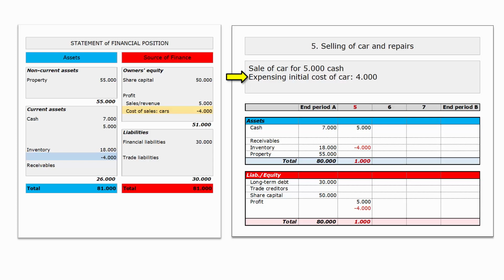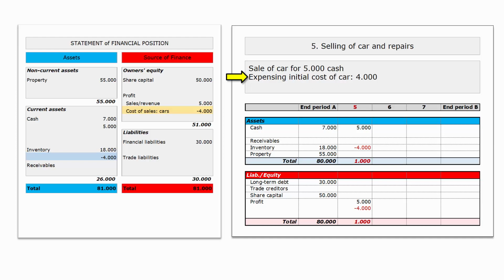We've gained a cash asset of €5,000, but we've given up a car asset which had, let's assume, previously been bought for €4,000, an amount included in our initial inventory of €18,000. The real effect of the transaction is to create a net profit of €1,000, and this is reflected in the accounts by offsetting the inventory against the sale.